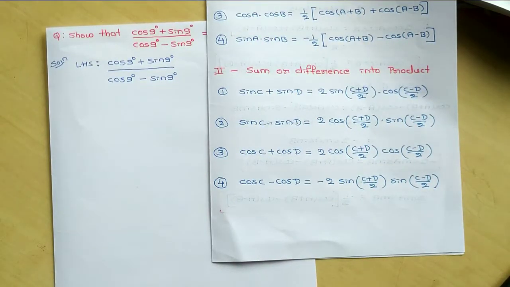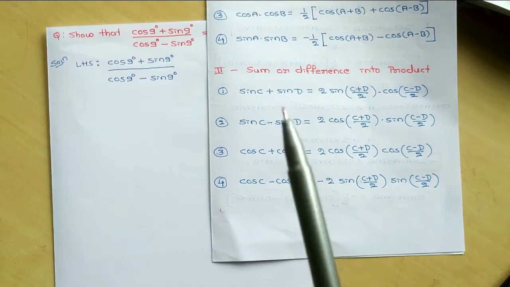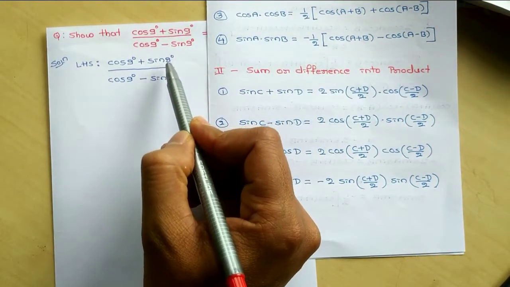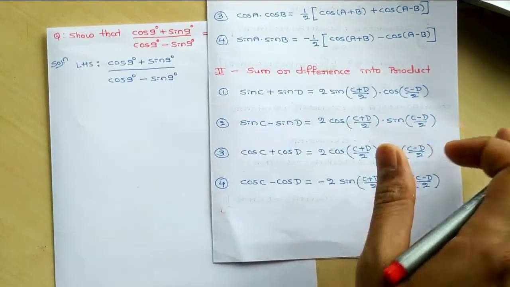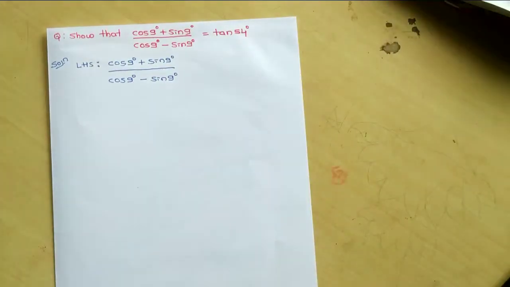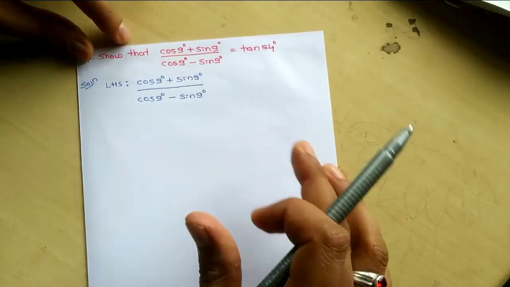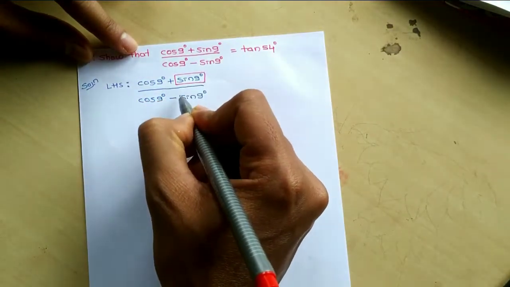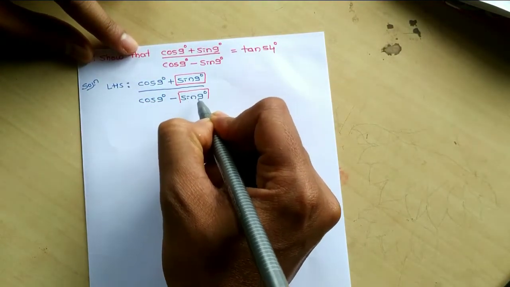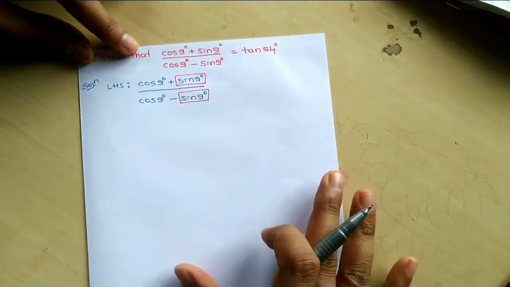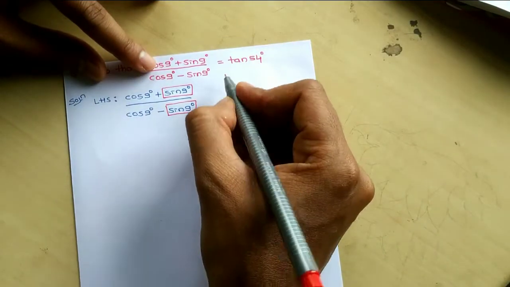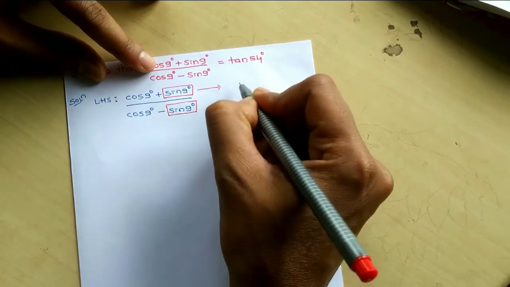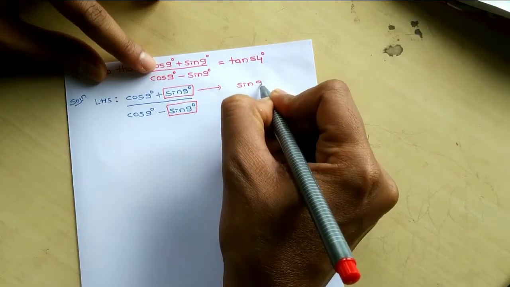Correct? So next step, I am going to change this sin 9 degree in terms of cos. So see this: this sin 9 degree and this sin 9 degree I am going to change in terms of cos. For that, sin 9 degree is there.